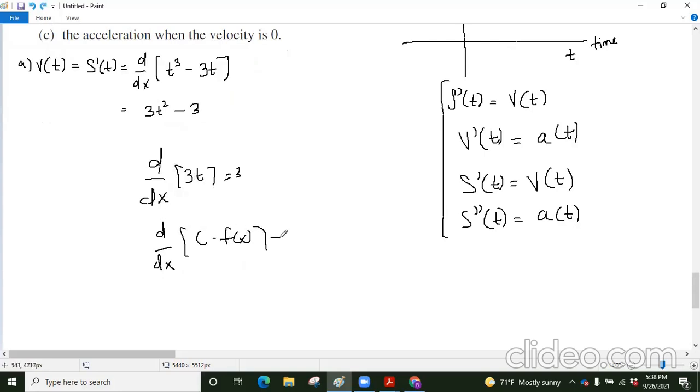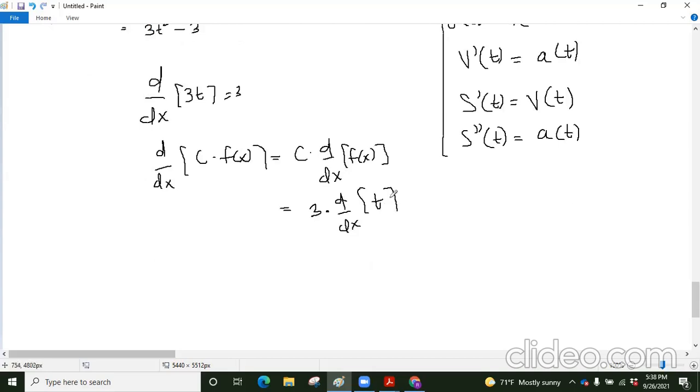And that's equal to the constant multiplied by the derivative of the function. So that's 3 times the derivative of t. Well, what's the derivative of t?